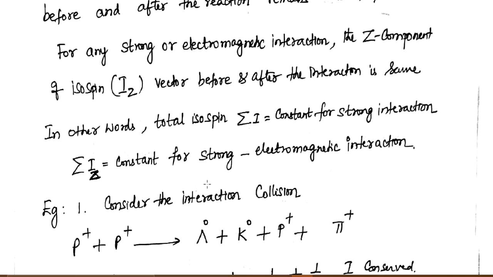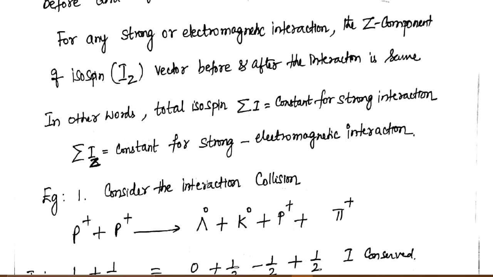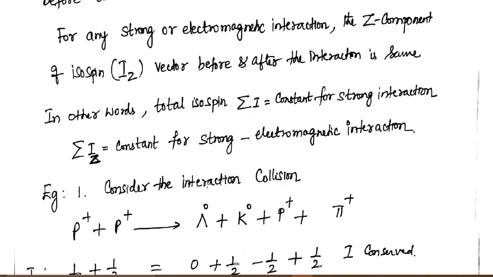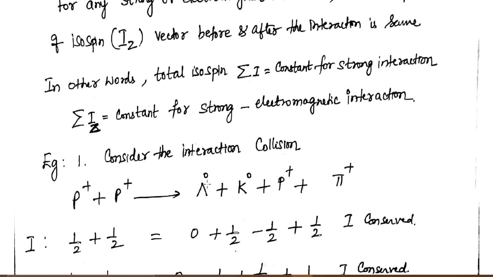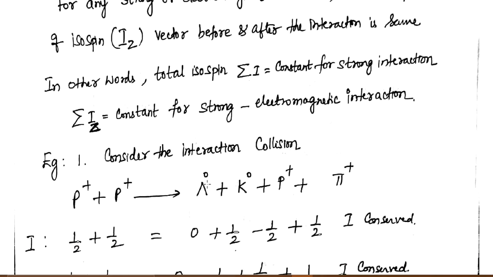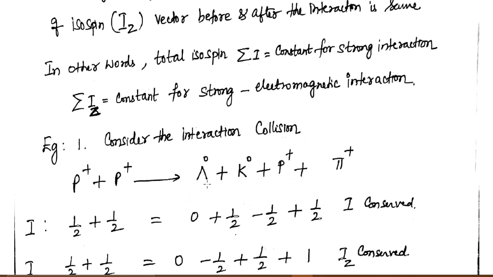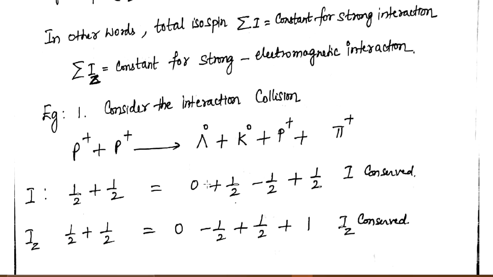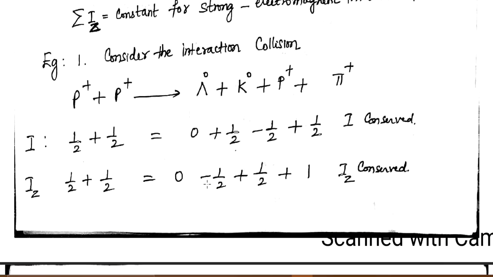For any strong or electromagnetic interaction, the Z component of isospin denoted as Iz, which is a vector, before and after the interaction is the same. In other words, the summation I is constant for all strong interactions, and summation Iz is constant for strong and electromagnetic interactions. Now let us think of 1 or 2 examples for this.